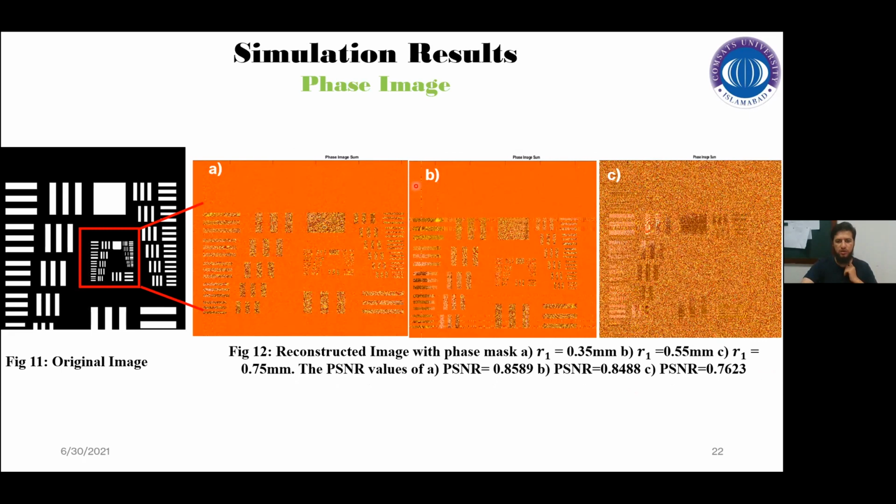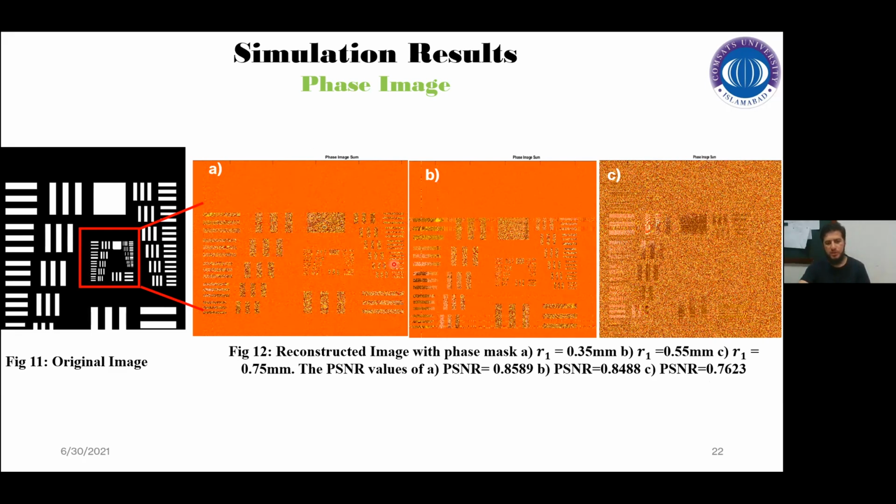Here, these are the phase images. As light waves consist of amplitude and phase, and I cannot detect the phase, only the amplitude, we reconstruct the image and construct its phase from the image.